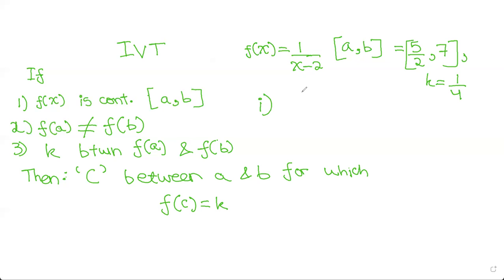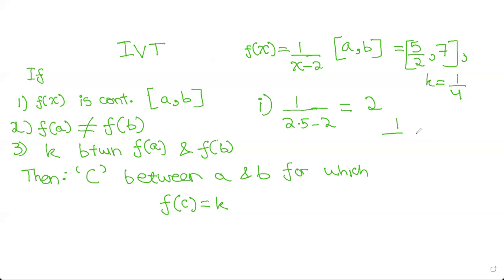So we know that the first rule is f of x is continuous at a and b. So we have to first input 5 by 2. So 5 by 2 is a and 7 is b. So 1 divided by 5 by 2 is 2.5 minus 2, which is equal to 1 by 0.5, which is 2. So we just did f of 2.5.